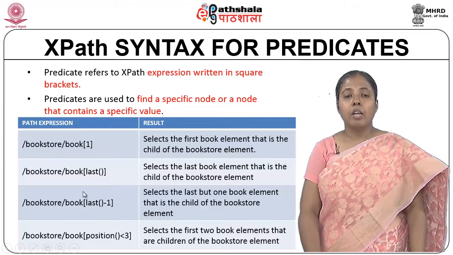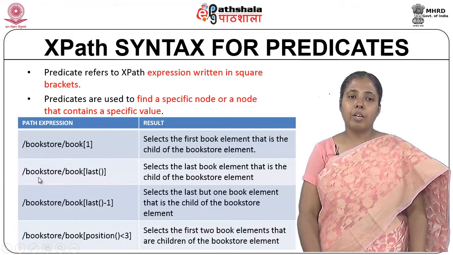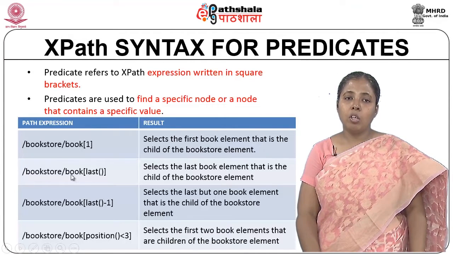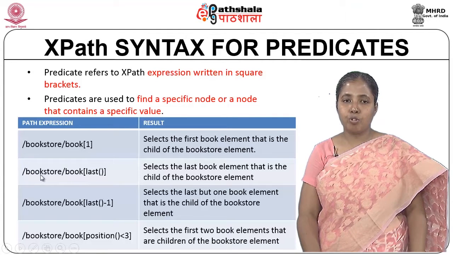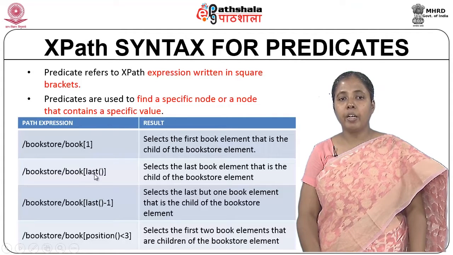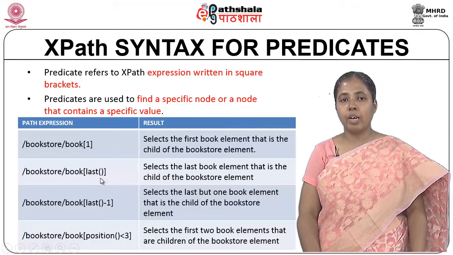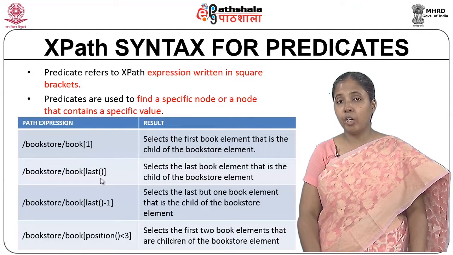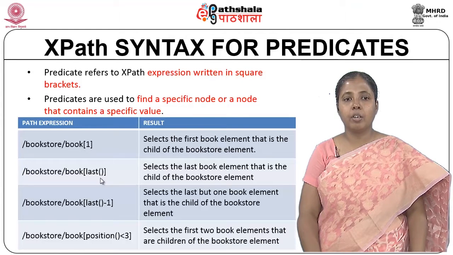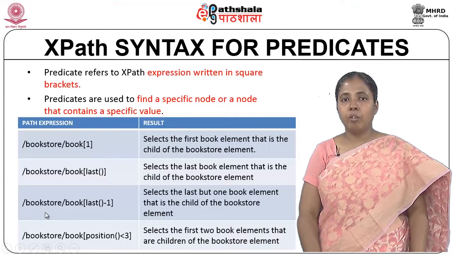The next example we can see, all the books that are under the bookstore element, but the predicate given as last. So, this selects the last book element that is the child of the bookstore element. The next example we can see bookstore/book, the last but one.